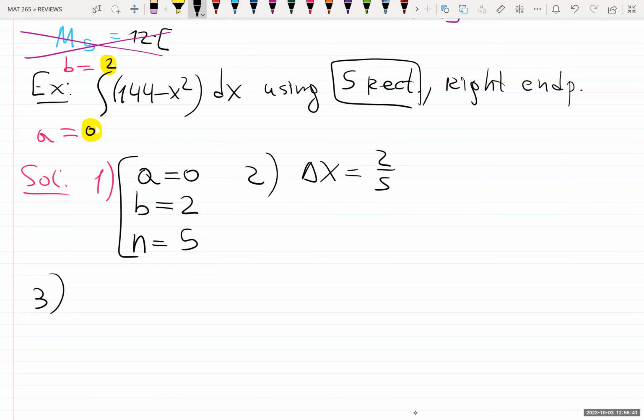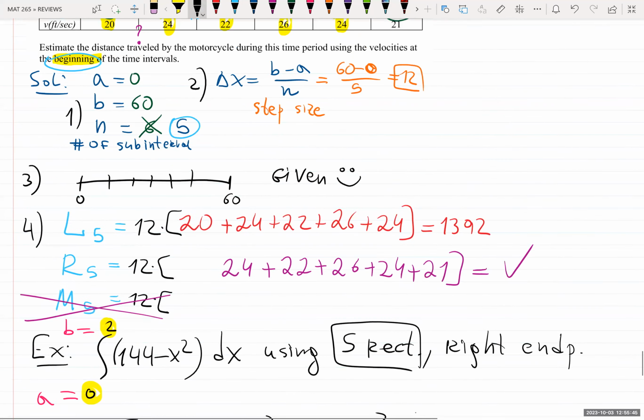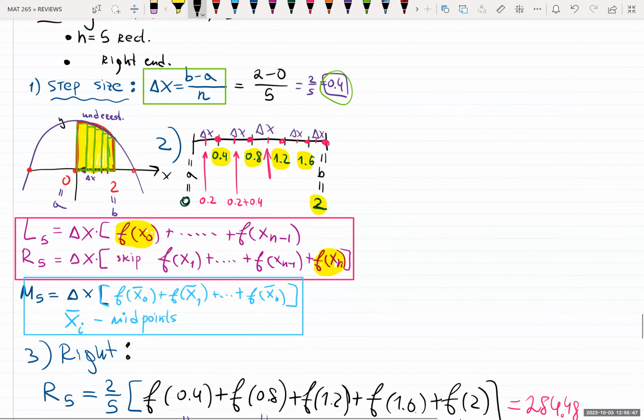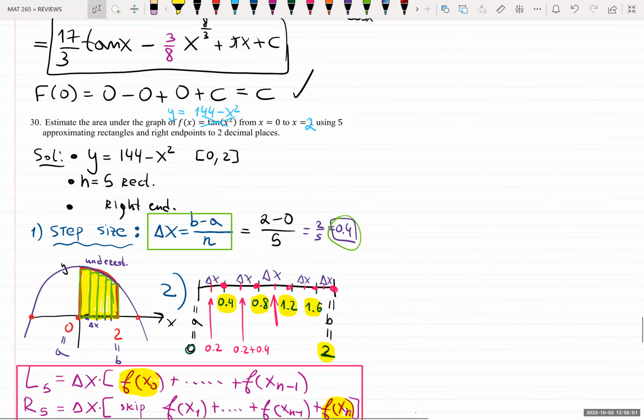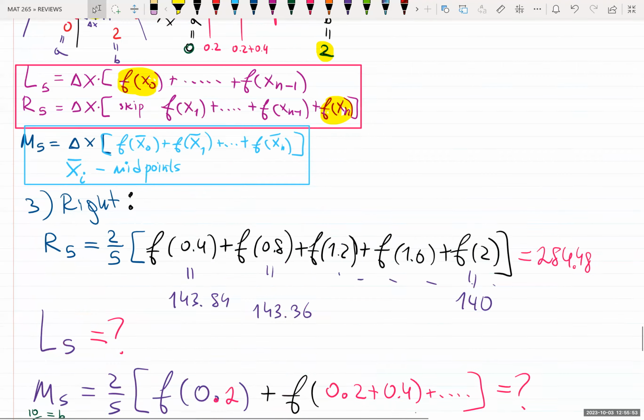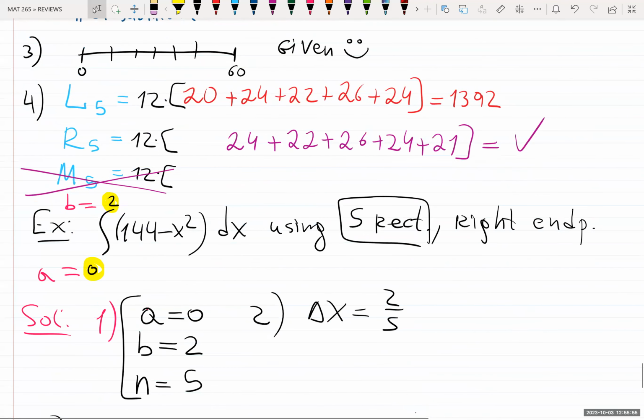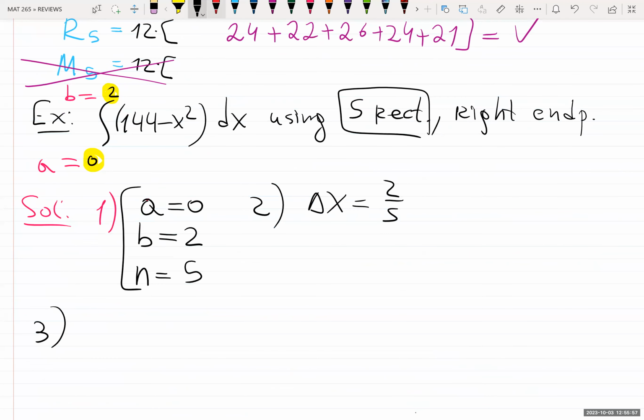Step 3: now, what's the difference? They don't give you the function like before, where y was 144 minus x squared. But don't be afraid, it's just hidden inside of the integral. You take a pencil and circle it, a fat circle. This is what y equals. So it just has an extra step.